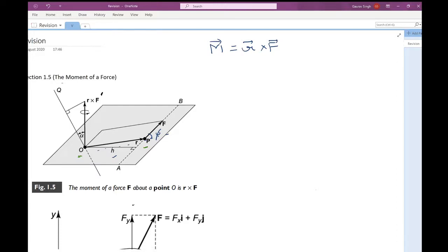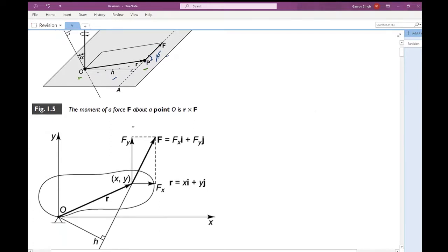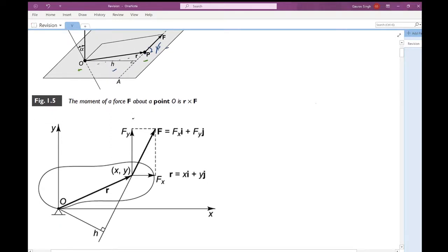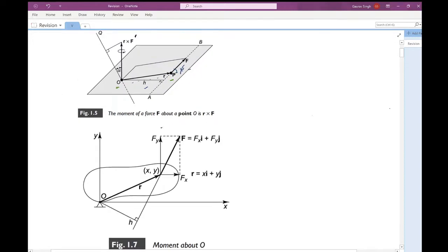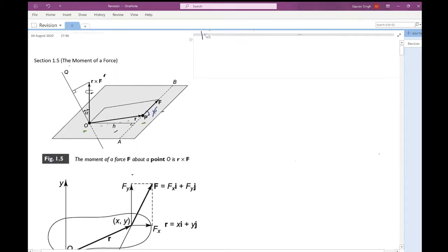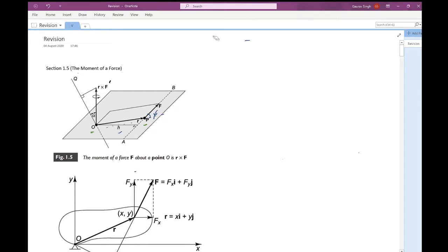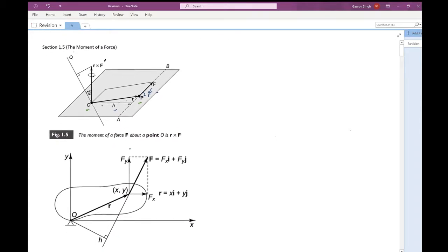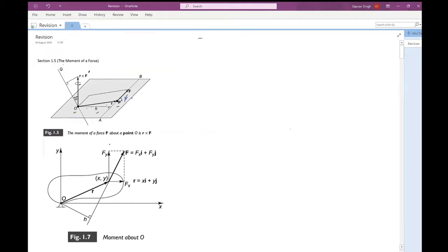Now consider a two-dimensional structure, something like this. In this two-dimensional structure, the moment of the force about the point O, so we should be looking at figure 1.7, this one.